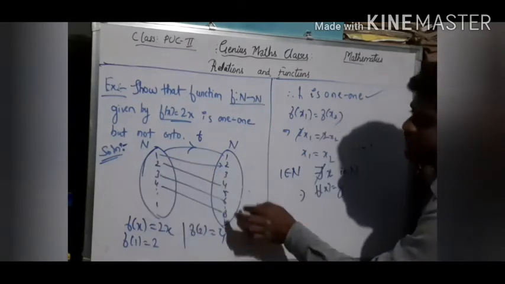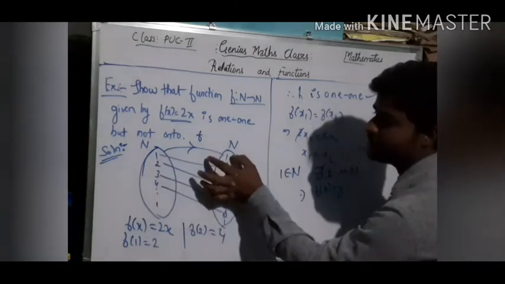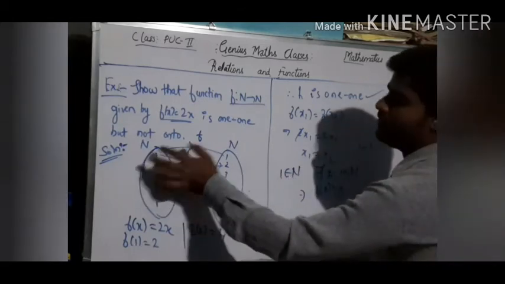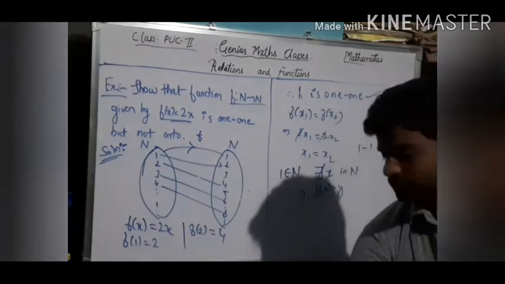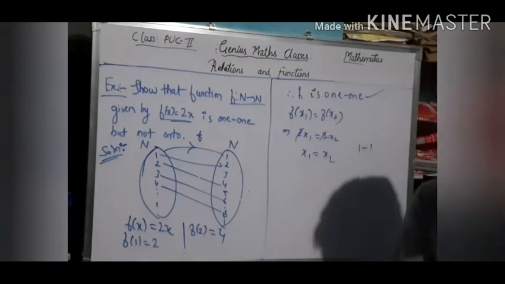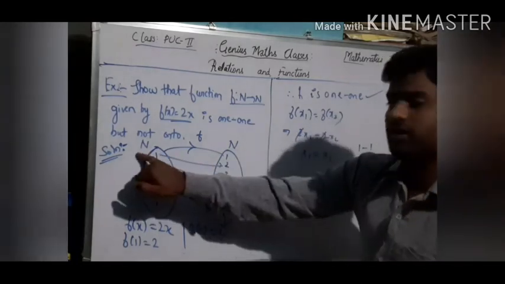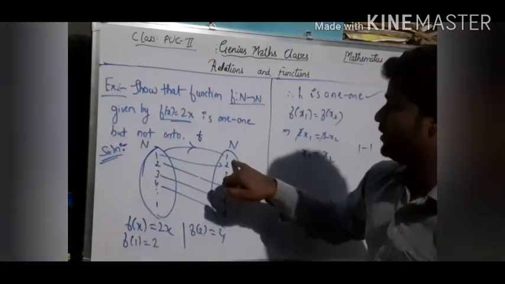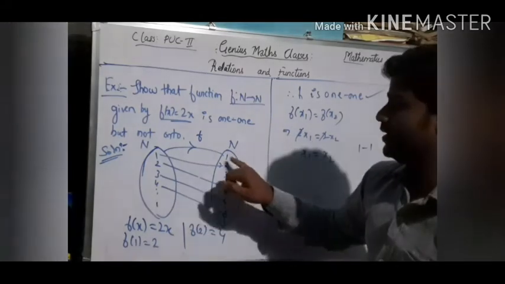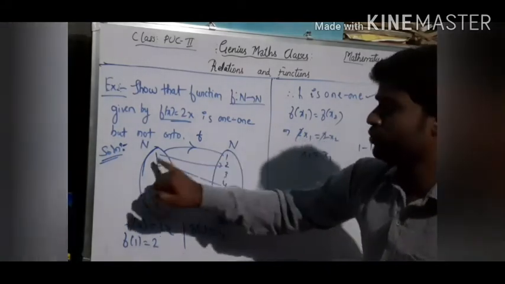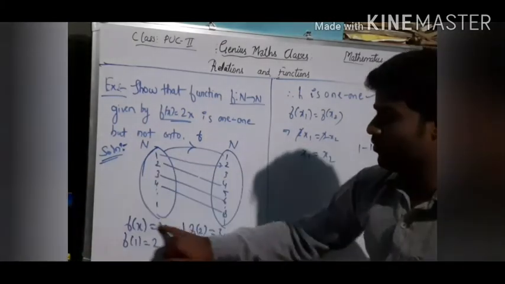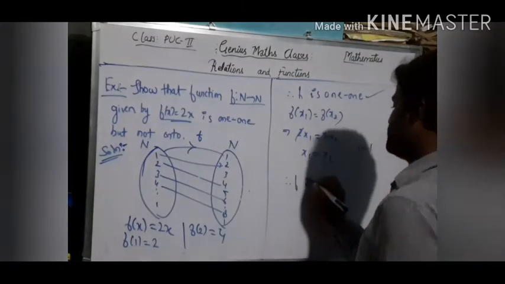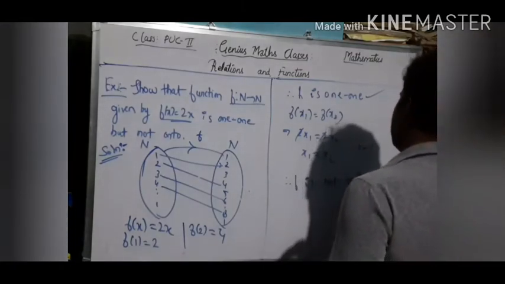In the codomain we have 1, but there doesn't exist a pre-image, because it is mapped from N to N. Natural numbers don't include decimals or fractions, so for 1 you will not get any natural number in the domain. Therefore this f is not onto.